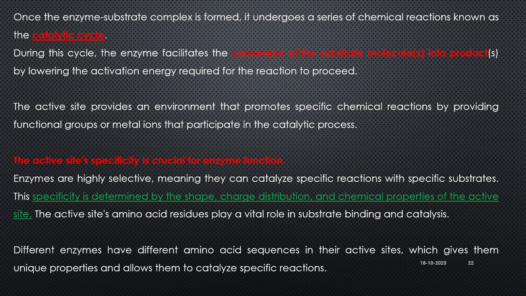So you can say that different enzymes have different amino acid sequences in their active sites. Am I right? That can also be asked in the examination: why do different enzymes have different amino acid sequences in their active site, which gives them unique properties and allows them to catalyze specific reactions?